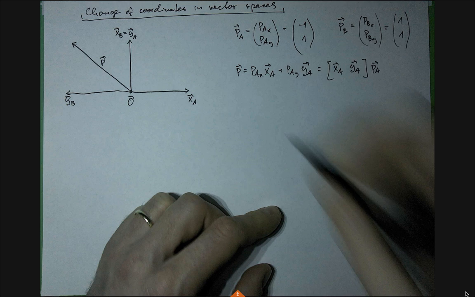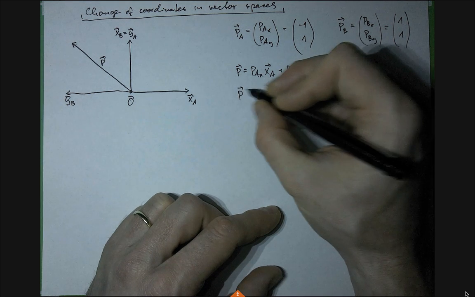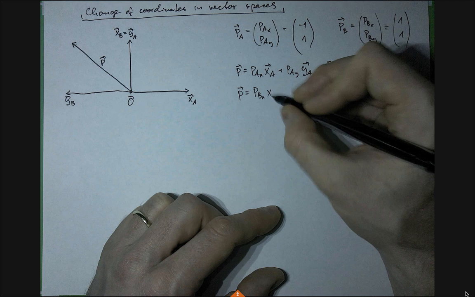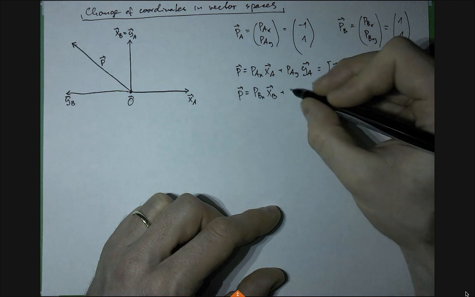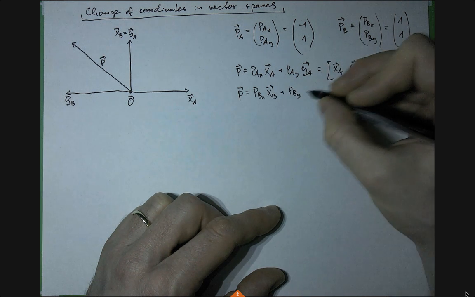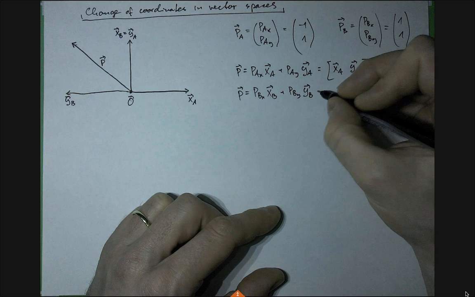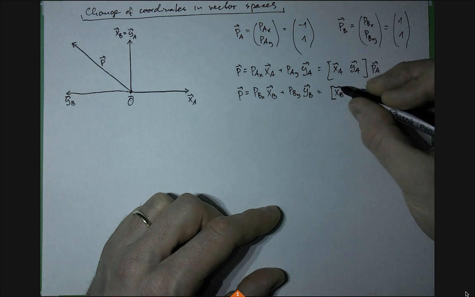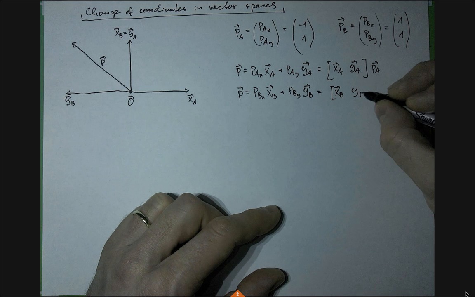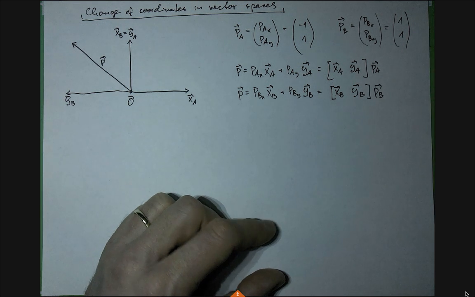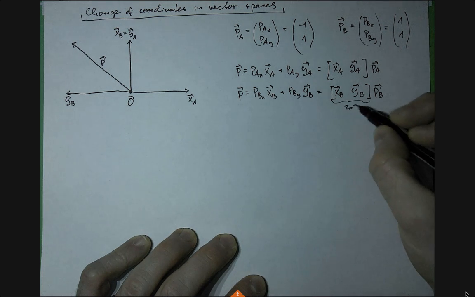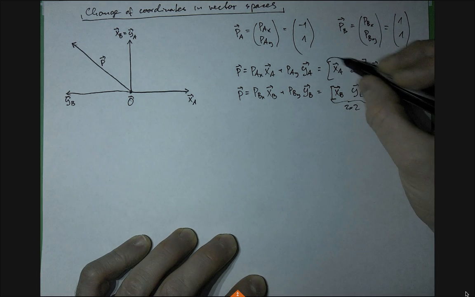Okay. And in the second basis, I can write the same vector as PBX XB plus PBY YB, which again in matrix vector notation would be XB YB and coordinates with respect to the basis B. Okay, so these guys are 2x2 matrices, because I'm doing a 2D example.